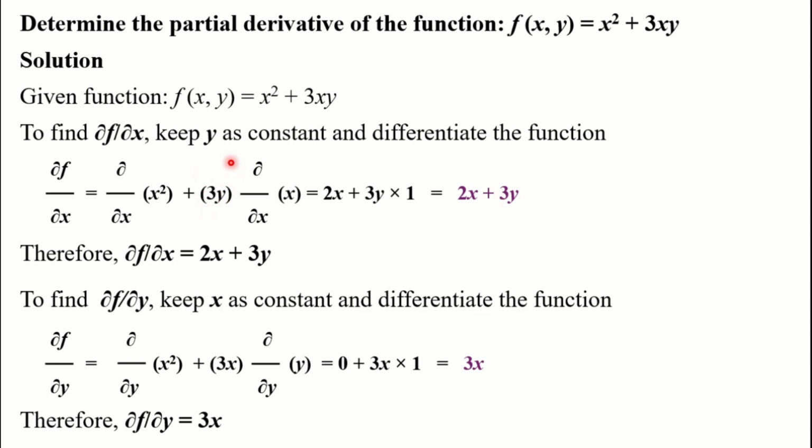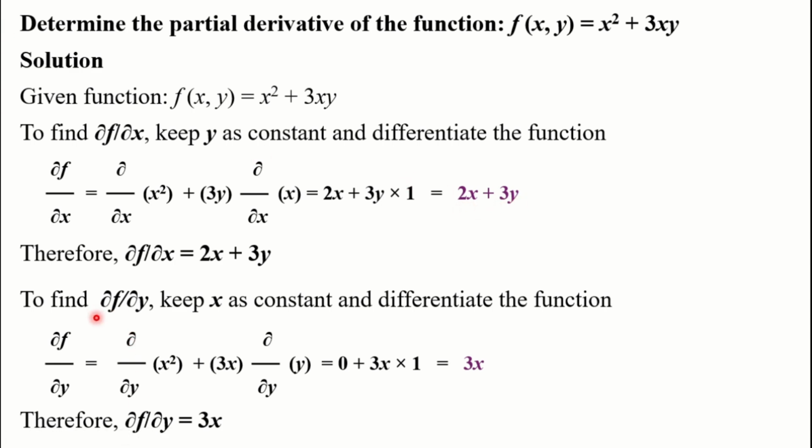Because when we differentiate with respect to x, we treat y as a constant, and this y is with x. That's why we bring 3y outside. The partial derivative of x square with respect to x is 2x, plus 3y into 1, where 1 is the derivative of x with respect to x, which is equal to 2x plus 3y.